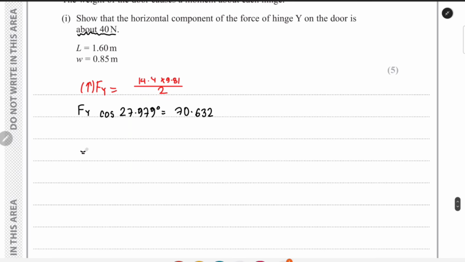So force by Y will be 70.632 by cos 27.979.